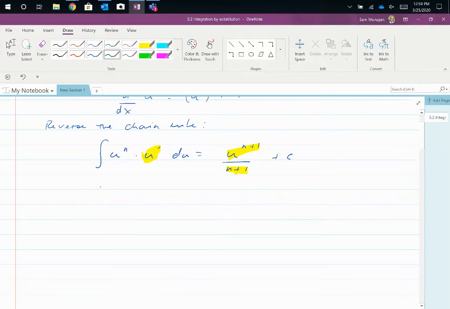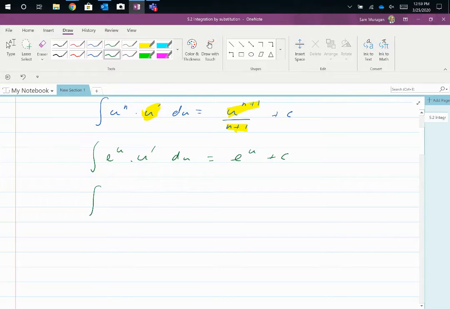A couple of other rules. If we've got e to the power u, u prime du, then this is simply e to the power u plus the constant.